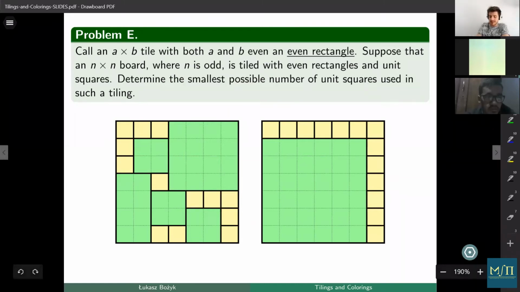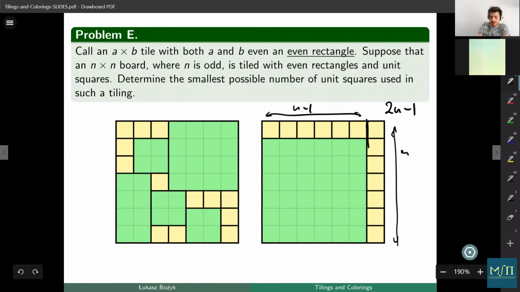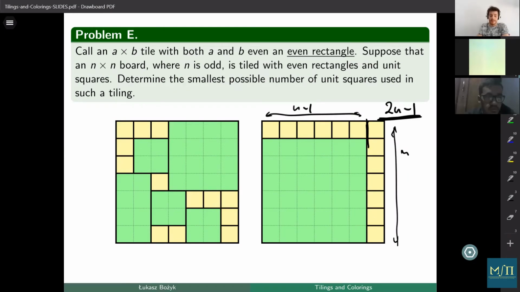And that way, if this is n, and this is n minus 1, we can always provide the tiling with exactly 2n minus 1 unit squares. And it turns out that it's indeed the optimum. So it's not like there is a crazy tiling that is optimal. This very simple one turns out to be optimal as well. But let us see why that is the case.